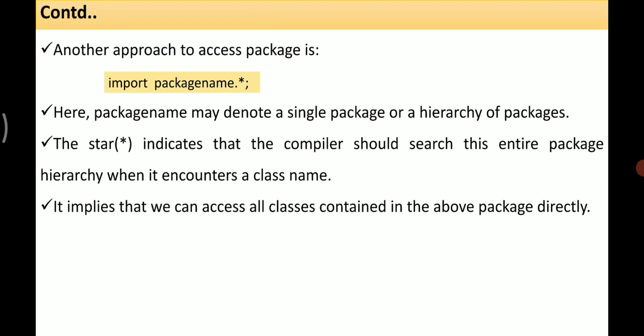See, we'll see another approach to access the package. The other approach to access the package is by using the import statement, import package name dot asterisk semicolon. So here your package name may denote a single package or a hierarchy of packages, and the asterisk symbol, or star symbol, indicates that the compiler has to search the entire package hierarchy when it encounters a class name.